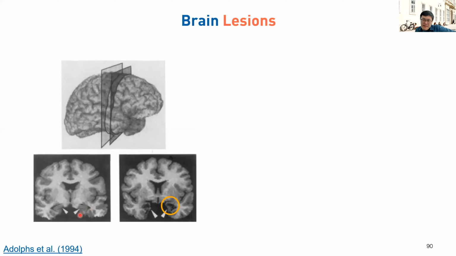And this particular area is called the amygdala. If you have some knowledge about the brain, then I guess you have heard that the amygdala is very important in processing emotion and also in recognizing emotion.